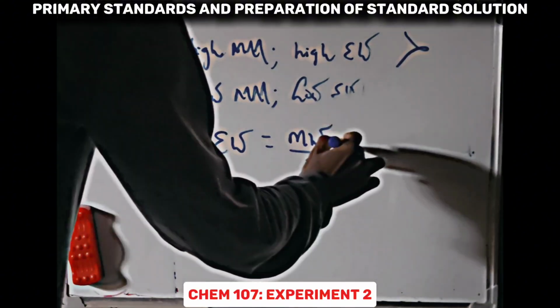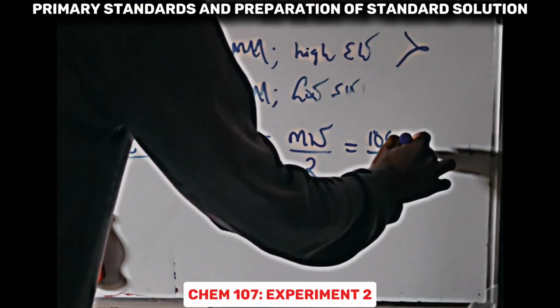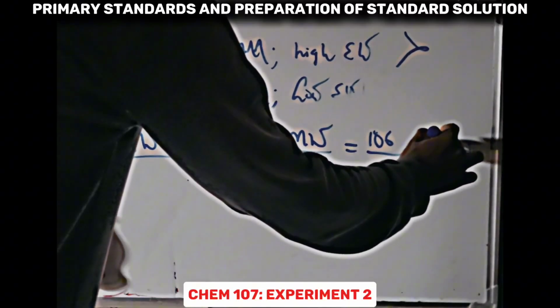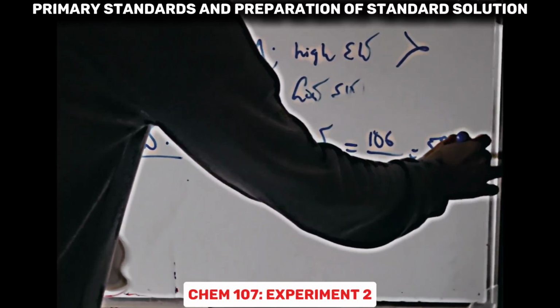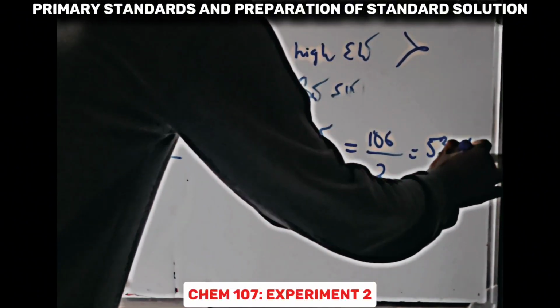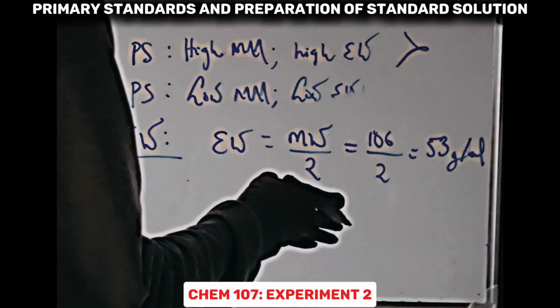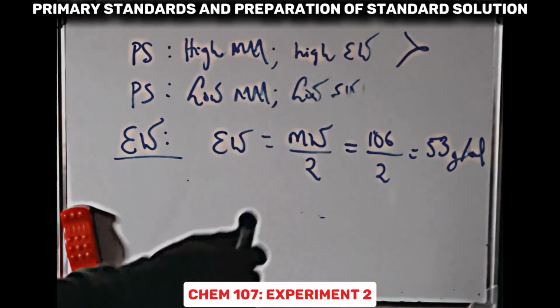So we divide 106 by 2, which is 53 grams. So 53 grams per mole is the equivalent weight of sodium carbonate in an acid-base titration.